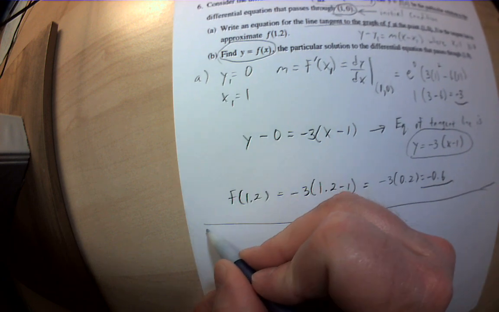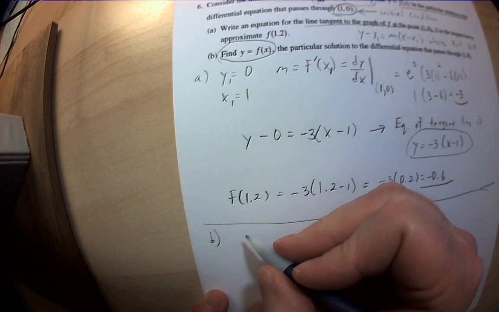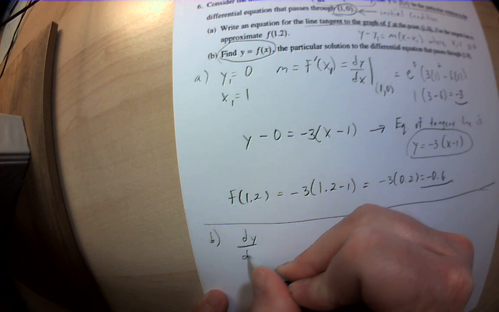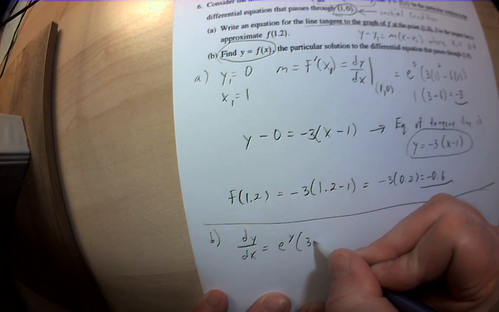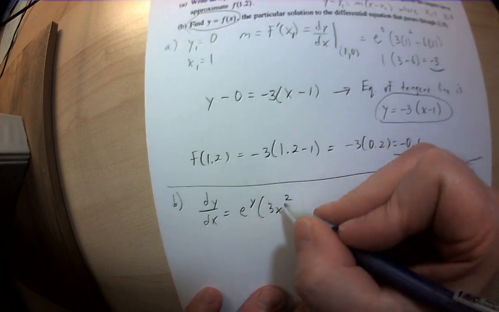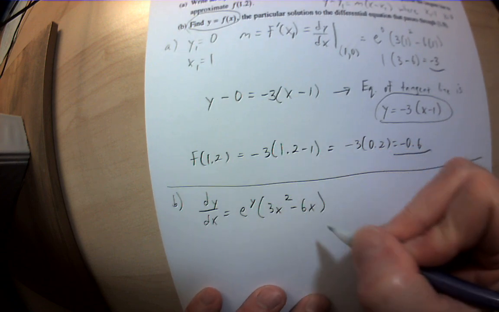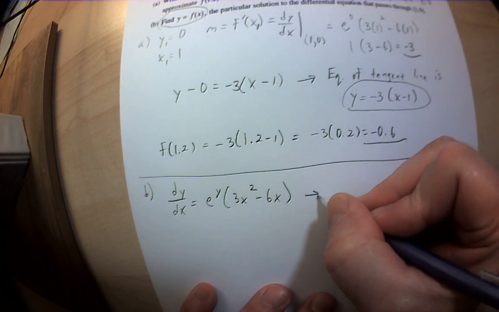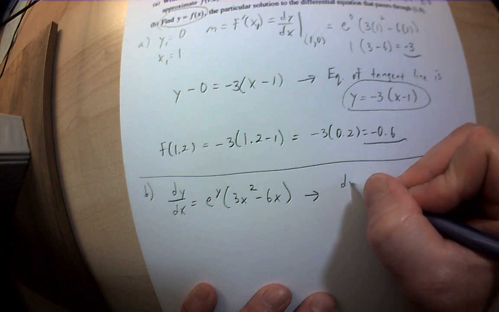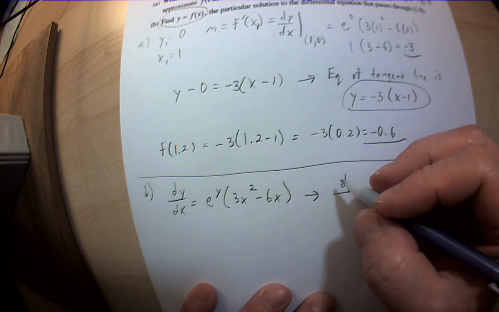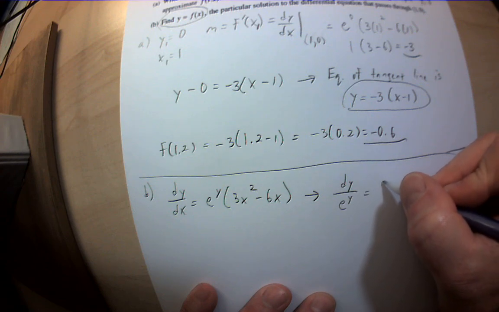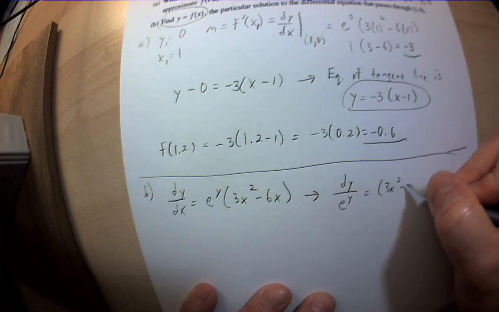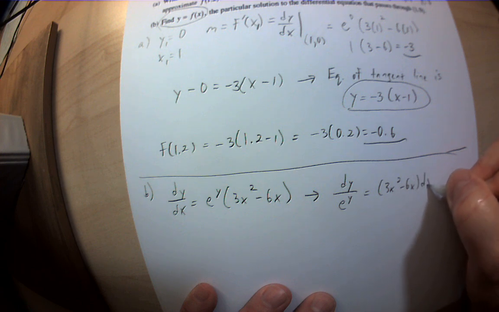Okay. All right. So B. I've got dy over dx equals e to the y times 3x squared minus 6x. Okay. I'm going to do separation of variables. dy over e to the y equals 3x squared minus 6x dx.